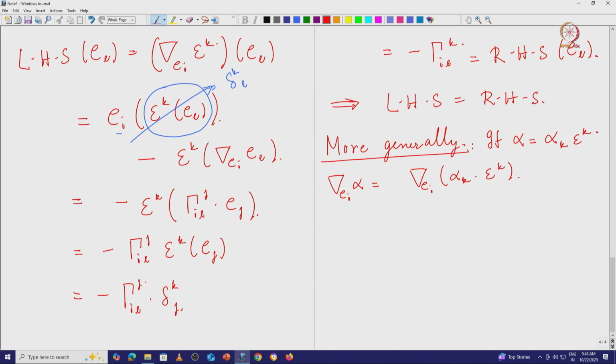Now you can check from the definition that the covariant derivatives of one forms also satisfy all the defining properties of the covariant derivatives of vector fields. In particular, this means that in this entry it is C infinity linear, it satisfies Leibniz rule.